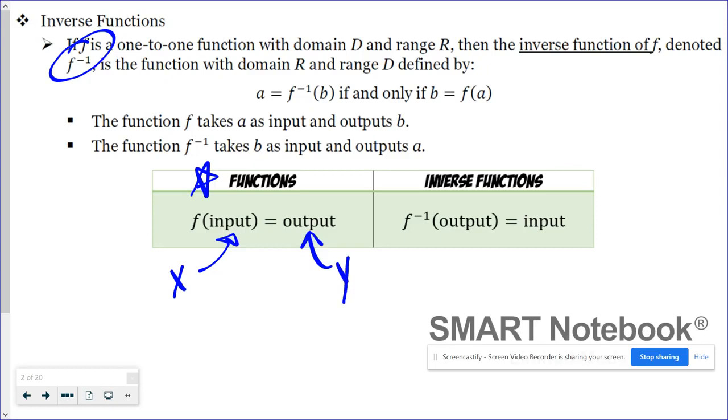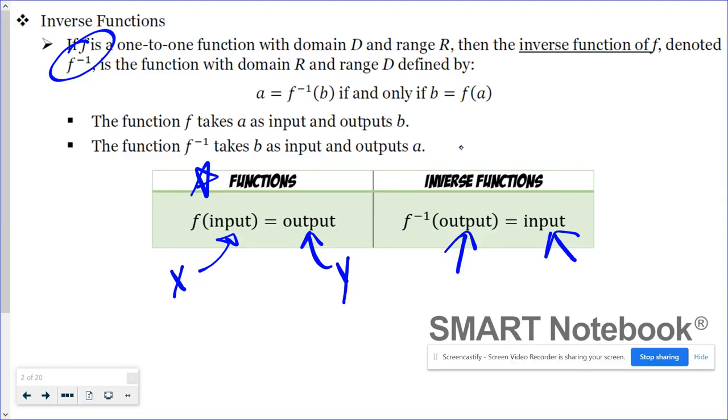So that when you see that inverse function notation and there's a value on the inside of the parentheses, that's an output value of the original function. And what's on the outside over here, that's an input value of the original function, okay? And so when you are evaluating functions and inverse functions, because you're going to see both of them together, pay attention to, is it a regular function or is it an inverse function?